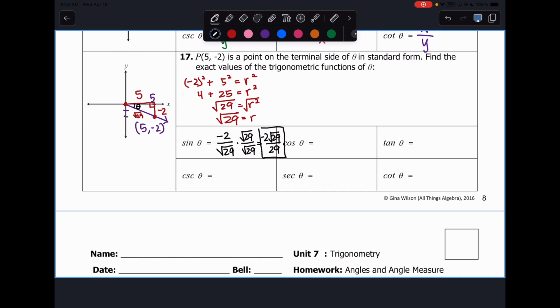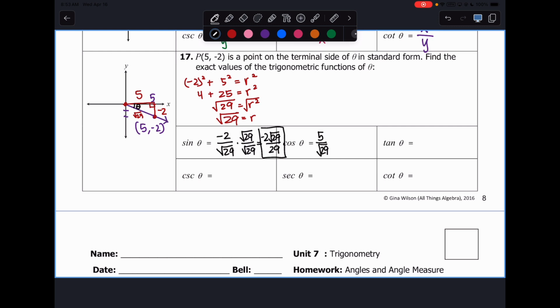All right, cosine theta. So what's the ratio that I should be looking for? Opposite over adjacent, opposite over hypotenuse, or adjacent over hypotenuse. There you go, A over H, right? So A is 5. What's the hypotenuse? Rad 29, square root of 29.